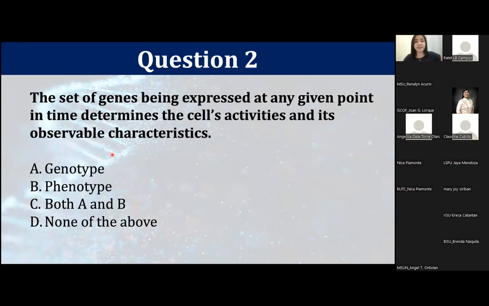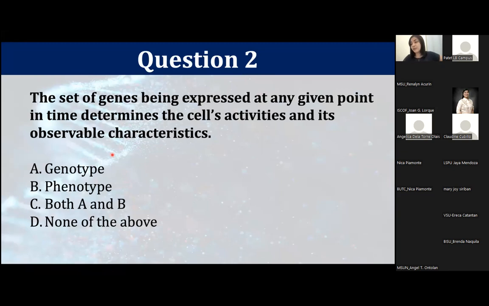So what is your answer? It is the set of genes being expressed. Okay, how about the others? Anong sagot ninyo? So meron nag-answer ng A, meron nag-answer ng C, both A and B, meron naman nag-answer ng letter B. Okay, so let's wait for the answer of others.